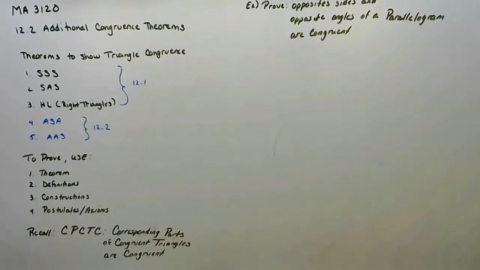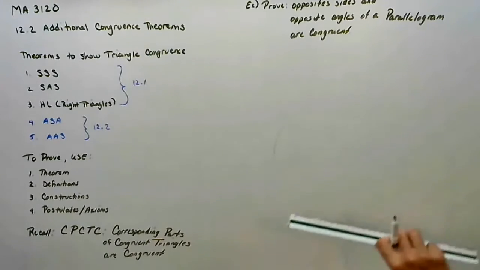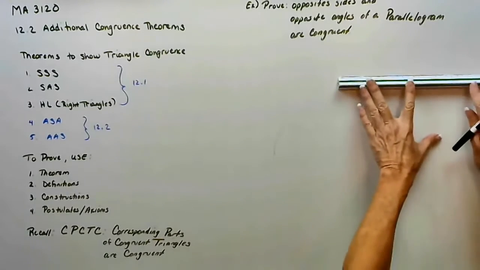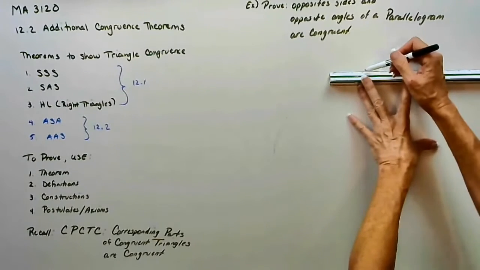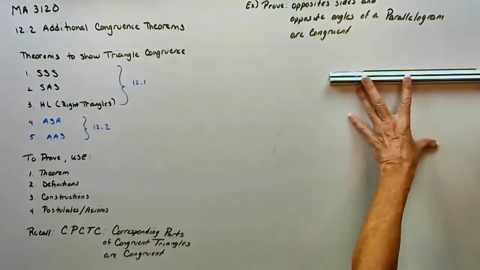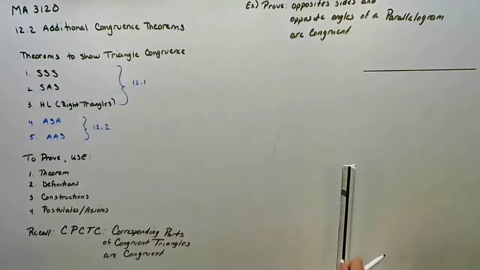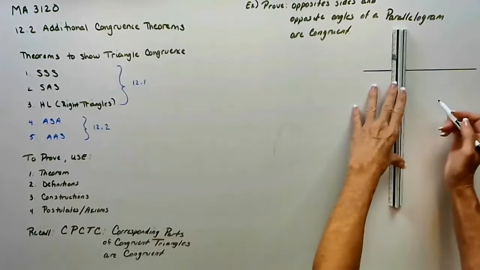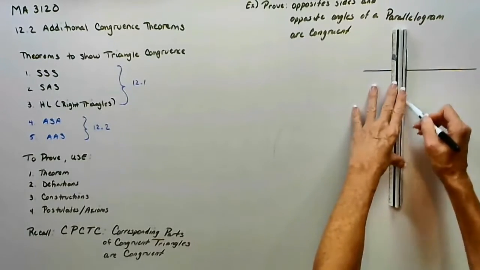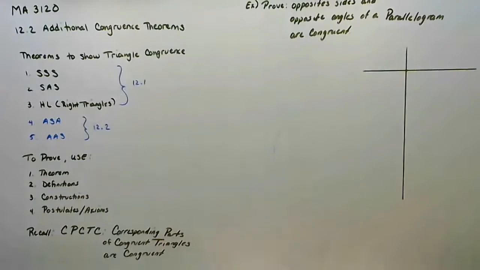So we're going to do a two-column proof. There's a lot of ways you could do a proof. You can do a flowchart proof. You can do a paragraph proof. In this class, I'm only going to focus on a two-column proof. If you are familiar with proofs and you are comfortable doing a paragraph or a flowchart proof, feel free to do that. Okay? But a two-column proof, first of all, has two columns.